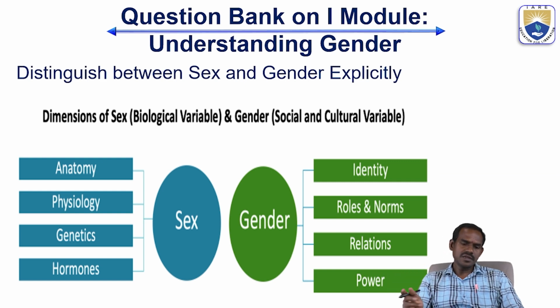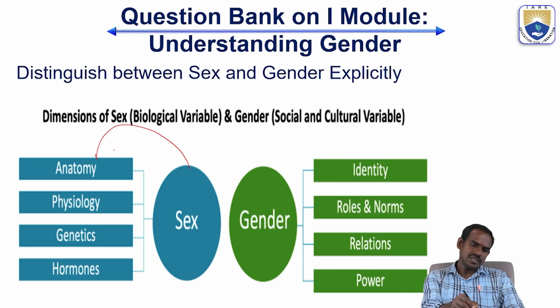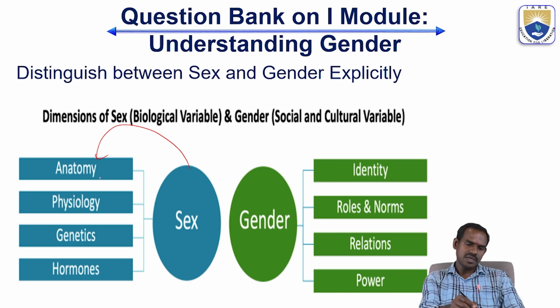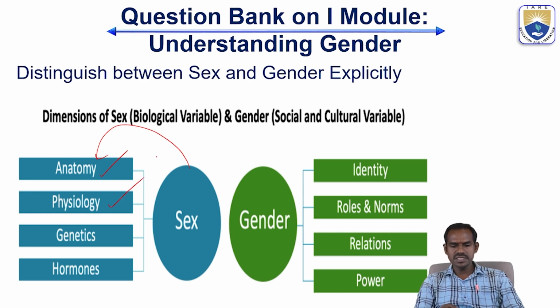Now you can see the terms regarding sex: anatomy, physiology, genetics, hormones. Anatomy, physiology, genetics and hormones are the words which correspond to sex. And what are the various words that represent gender?